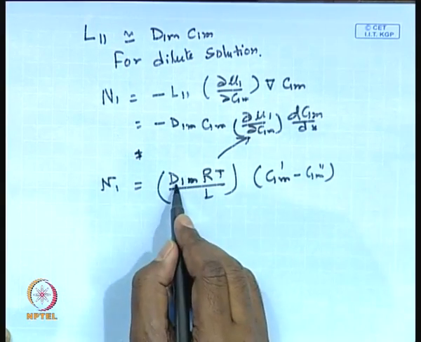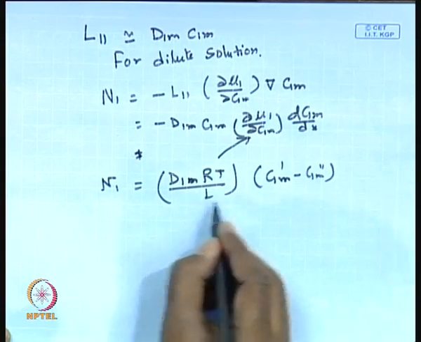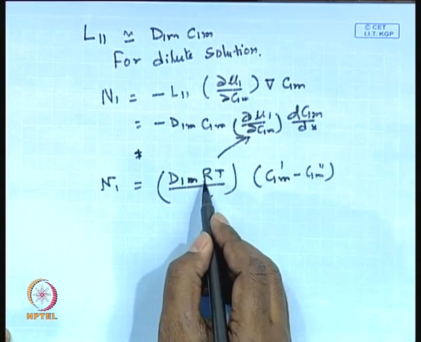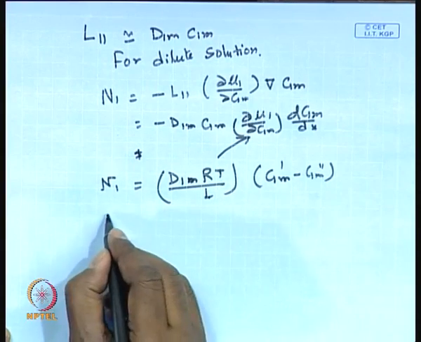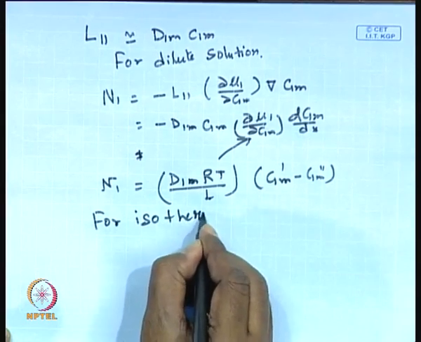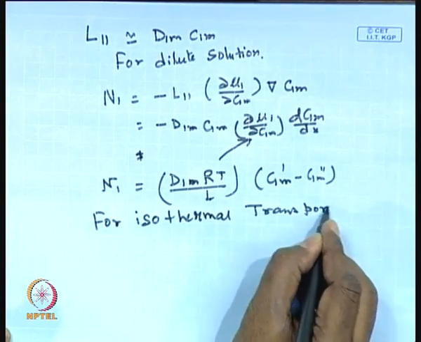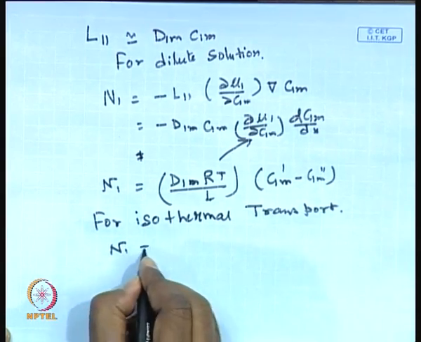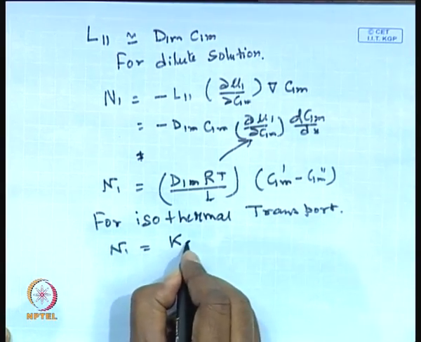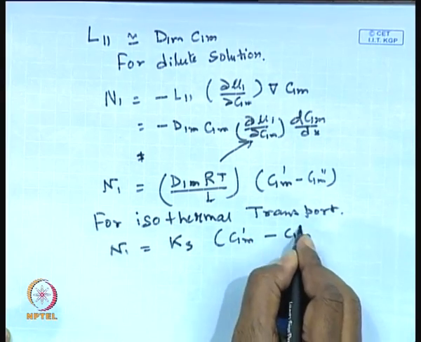Now, if D1m is treated as constant, membrane thickness is constant, R is the universal gas constant, and T is the temperature, then for isothermal transport, N1, the solute flux, becomes some constant multiplied by C1m prime minus C1m double prime.